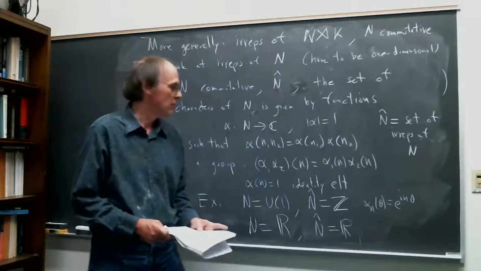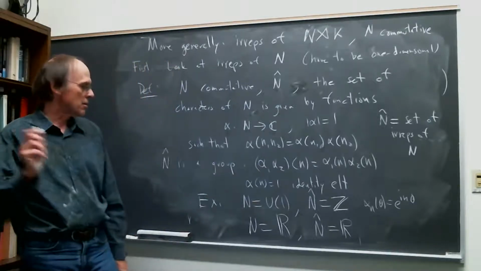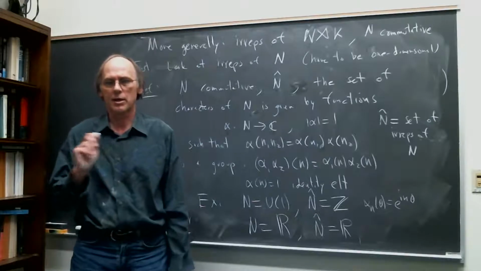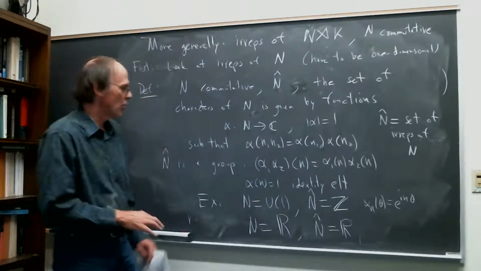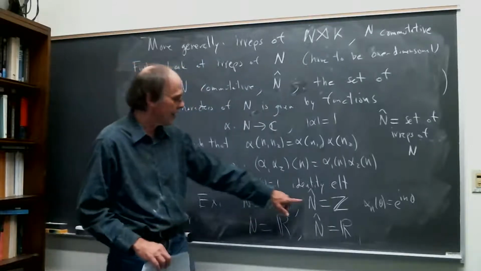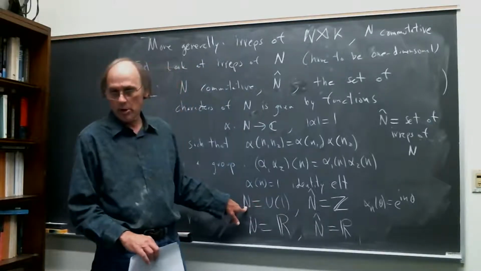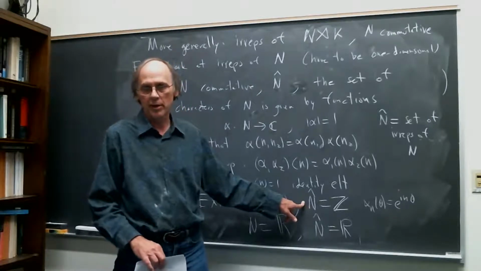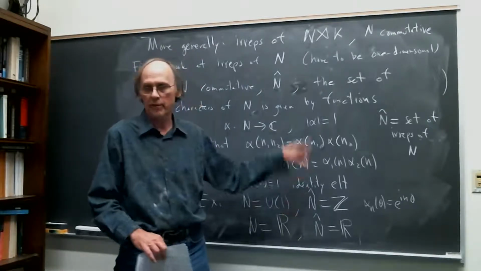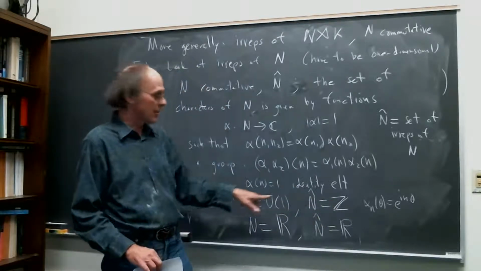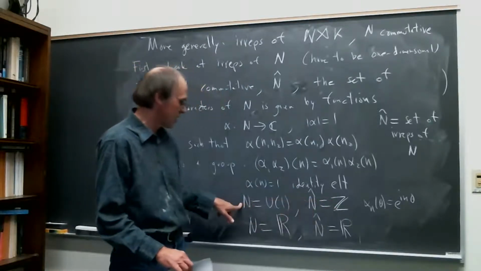There's a lot more to say about this general theory, which I don't want to get into too much today. But these things are also interestingly dual. You're starting with a commutative group here, and you're getting a new commutative group here, the character group. So you can ask, what's the character group of the character group? It will take you back to this. The character group of Z is actually U(1).